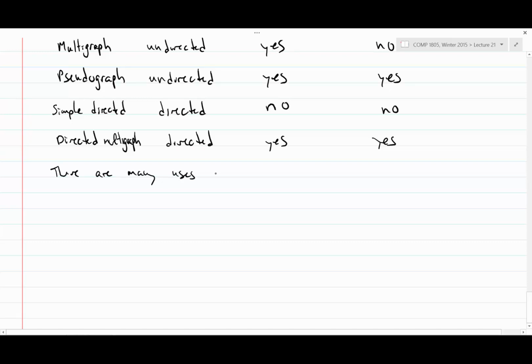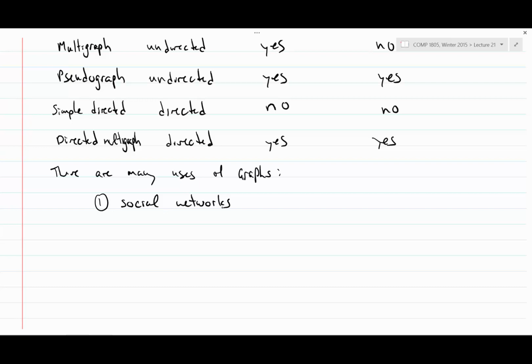And there's many uses of graphs. This is something I alluded to at the beginning. The first one, which, because it's 2015, I'm obligated to say, is social networks. So if you think about your favorite social network, so Google+, Facebook.